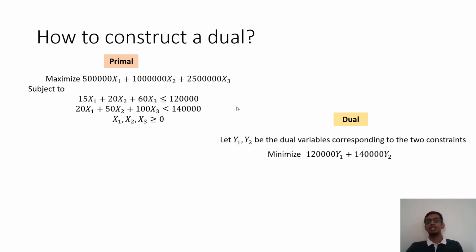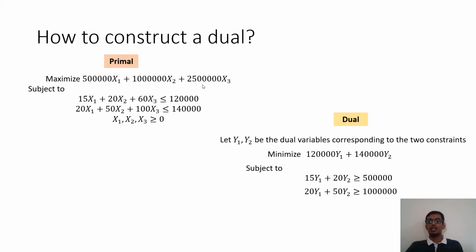And you have a set of constraints corresponding to the 3 primal variables. So corresponding to x1, if you look at the coefficients here, you have 15 y1 plus 20 y2 greater than or equal to 5 lakhs and 20 y1 plus 50 y2 greater than or equal to 10 lakhs and 60 y1 plus 100 y2 greater than or equal to 25 lakhs.